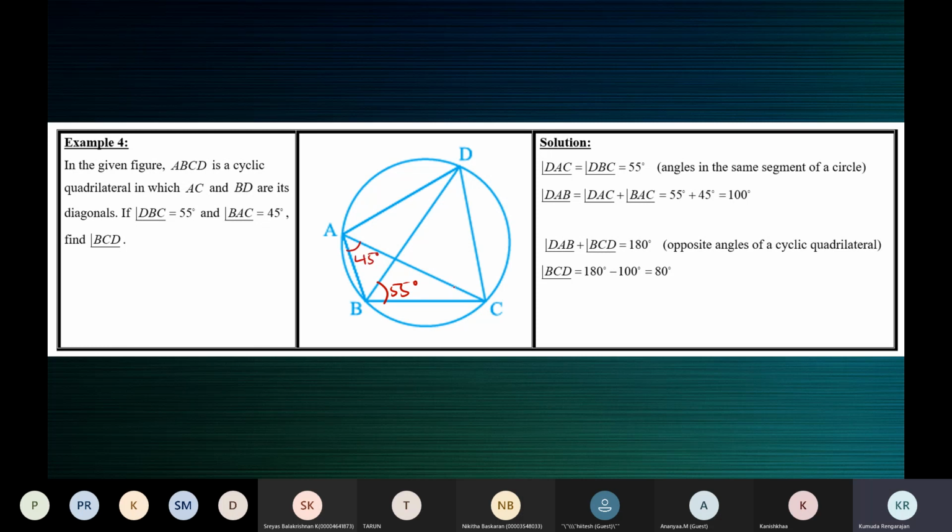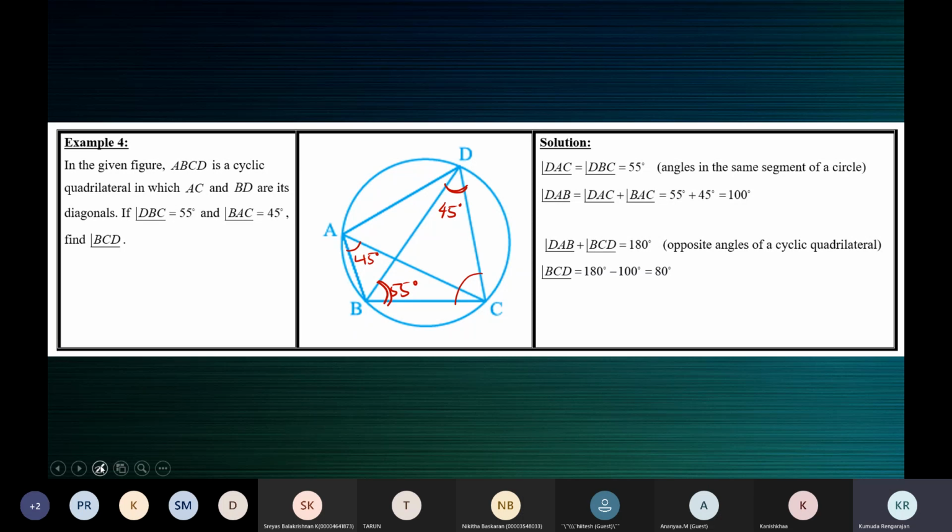So we said BAC is 45, so BDC is also 45. And then in triangle BCD, we know these two angles, so the third angle BCD is 80 degrees. 55 plus 45 is 100. 180 minus 100 is 80.